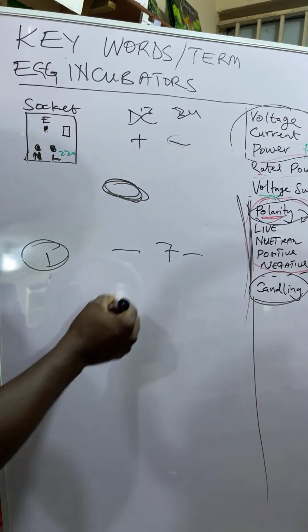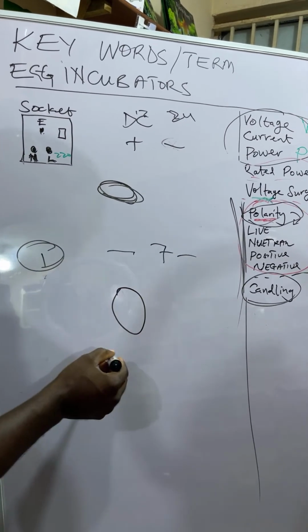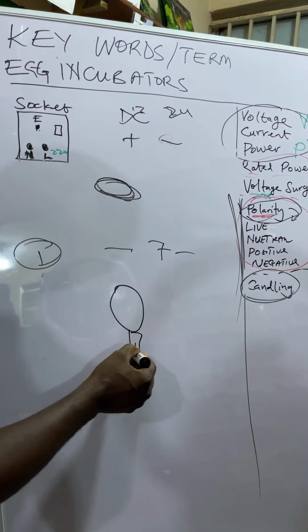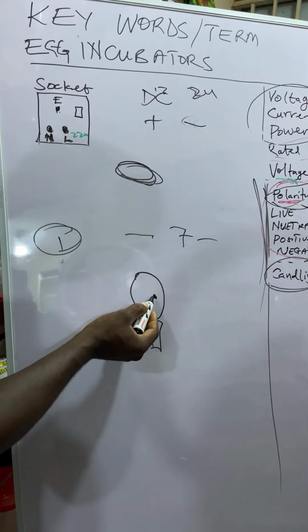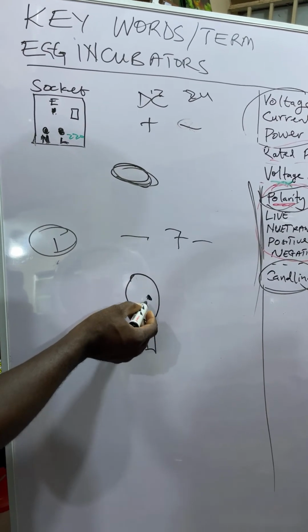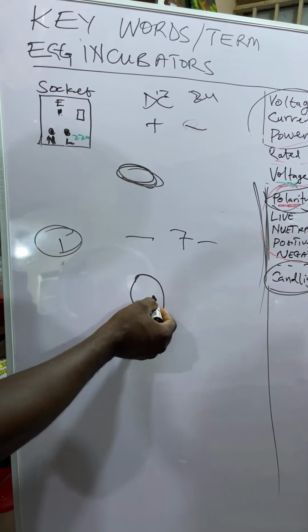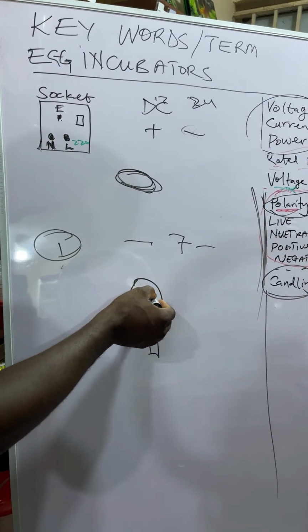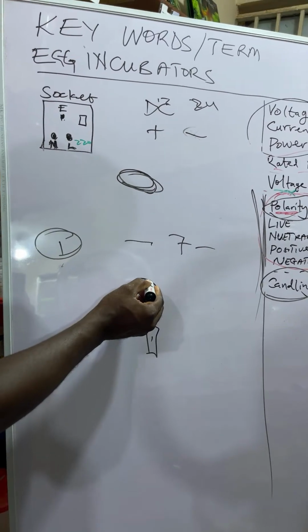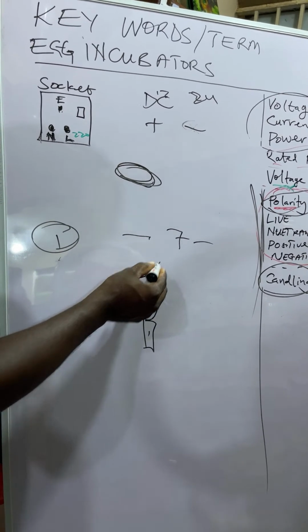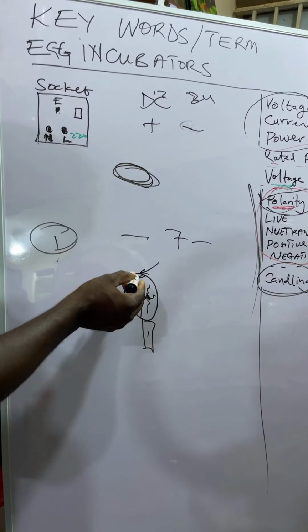But if it is good, you see a black spot on the candler. The black spot will be moving slightly. Then you see blood veins growing out of the black spot. That's the embryo. And then there's the air pocket. That's where the embryo breathes from.